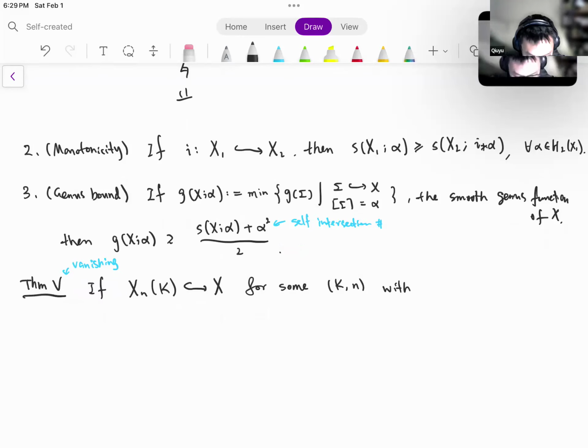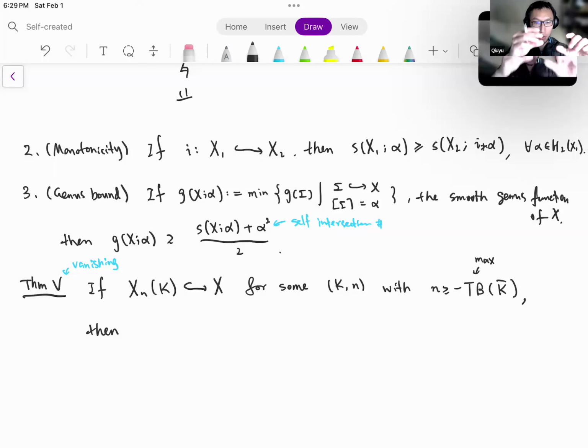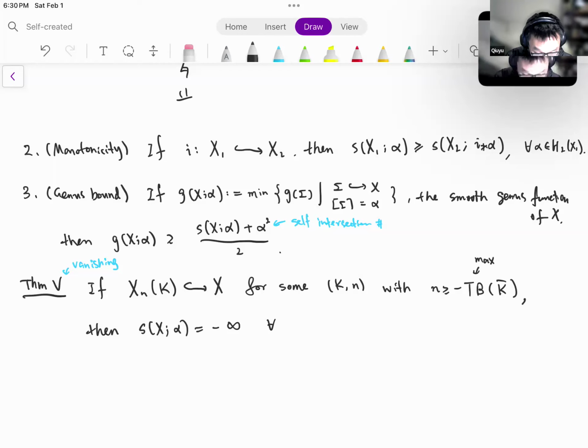Suppose that this pair (K, n) satisfies that n is large enough, in the sense that it is greater than or equal to a certain numerical invariant of K called the maximal TB number of the mirror image of K. Then the existence of this elementary piece, this knot trace inside my larger four-manifold, just kills all the Lasagna S invariants of my larger manifold X, in the sense that all the S invariants are negative infinity.